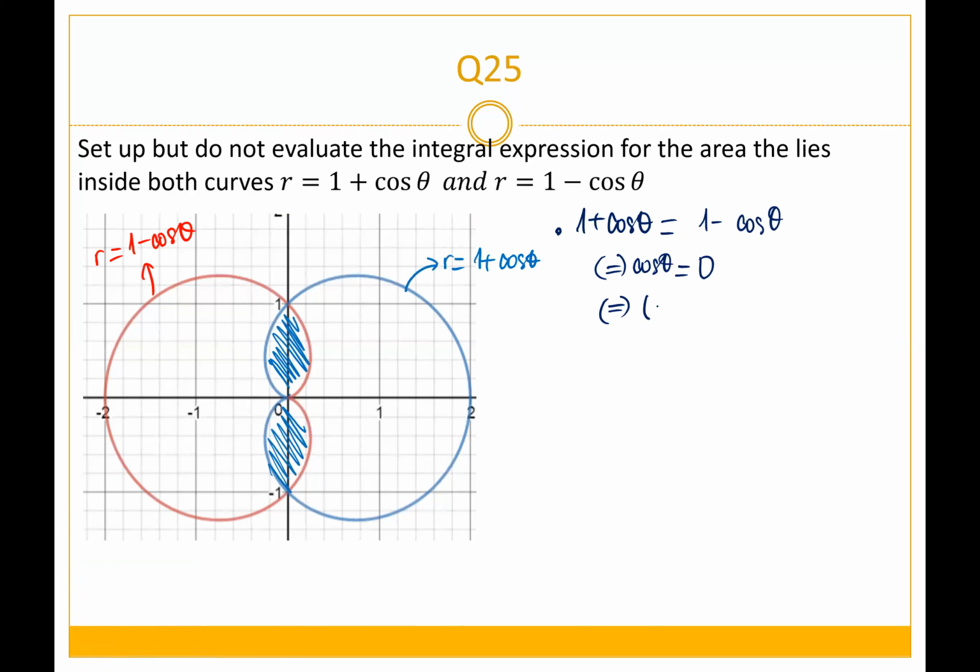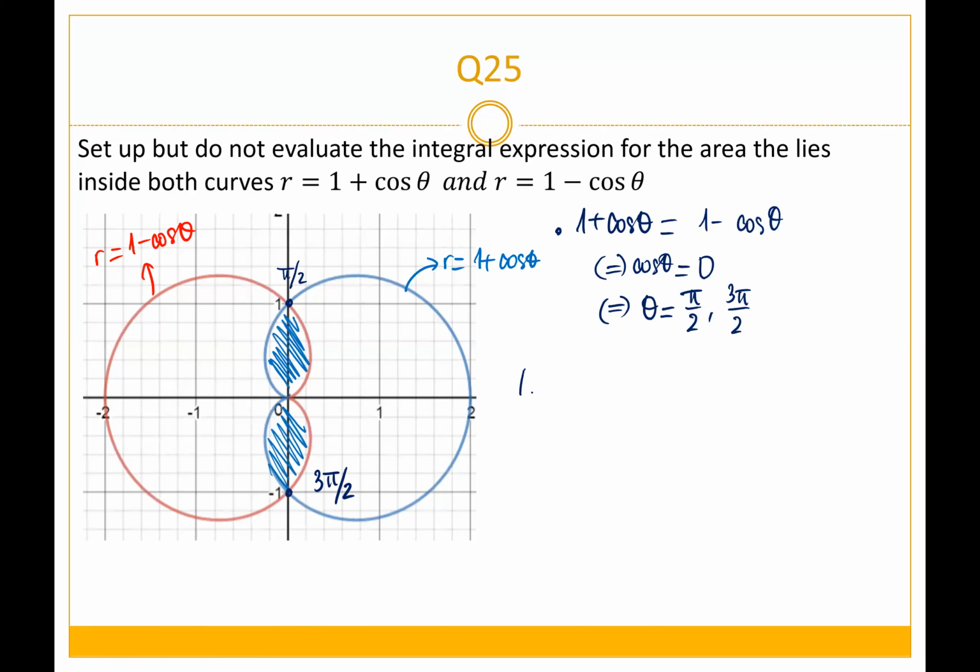And the special points for that are pi over 2 and 3 pi over 2. So basically at 0, they are at this point and this point. Then you go up, they cross here. This is pi over 2. Then they go down to here and here. And then you go back up to this part. This is 3 pi over 2.